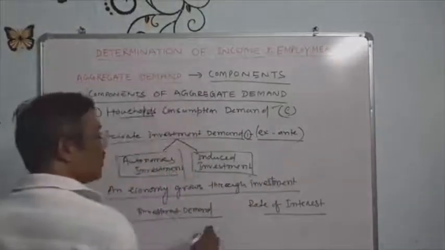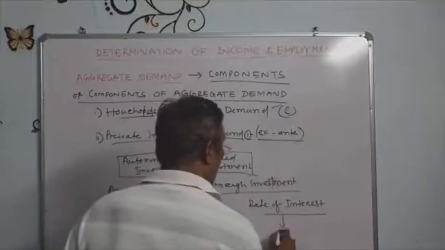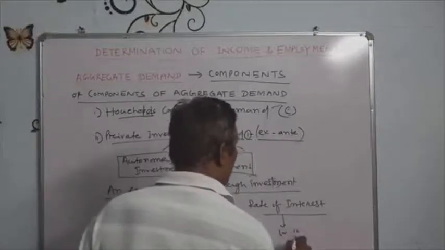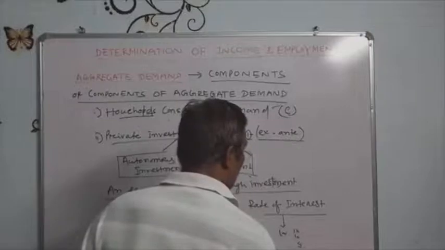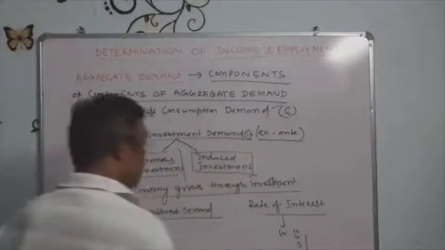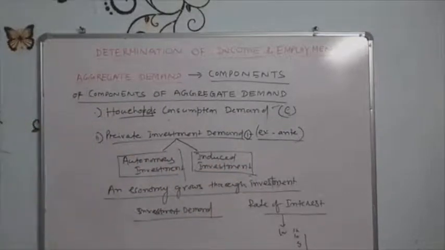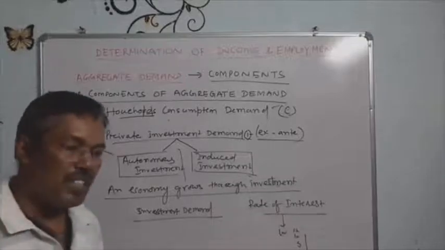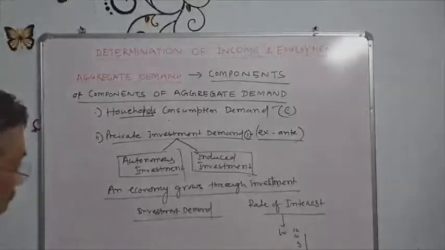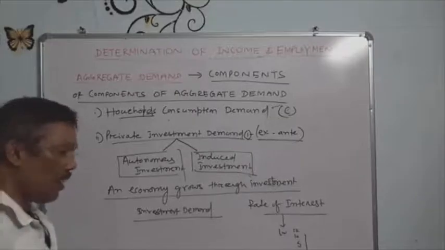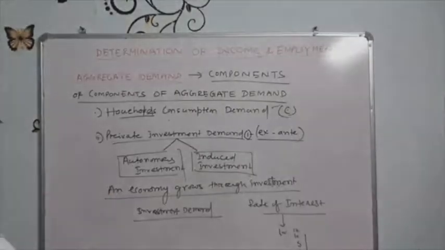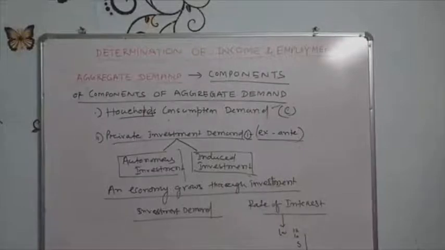It means if the rate of interest is low, like 12%, 10%, 9%, 8%, 7%, you will be interested in more investment. If the rate of interest is high, you will take less and less loan from the bank, and investment will be less.